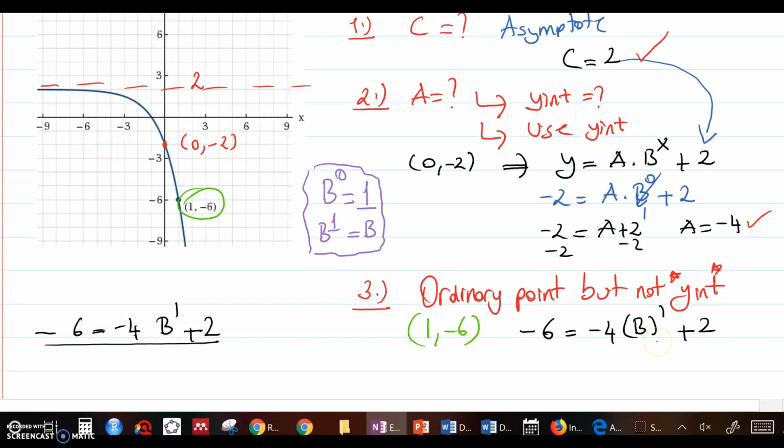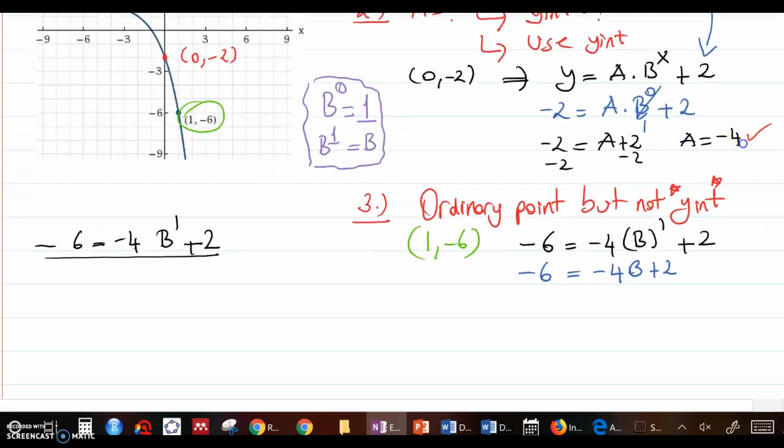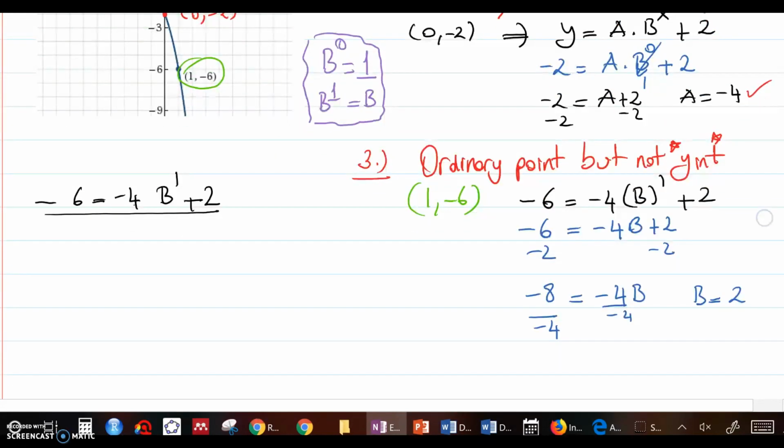So we're going to solve for b here. The equation becomes -6 equals -4b plus 2. Subtract 2 from both sides, so -8 is equal to -4b. Divided by -4, then b will be equal to -8 over -4, which is 2. All right, so what's the equation? We're not done.